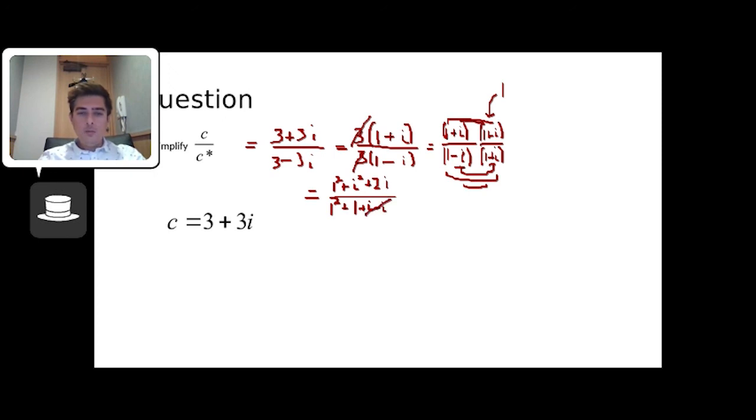Let's do a bit more simplifying on the top. 1 squared is 1, i squared is minus 1, plus 2i. On the bottom, 1 plus 1 is 2, the minus 1 and i squared cancel out, and you get 2i divided by 2. Again the 2's cancel out, and you just get i. That's as simple as you can possibly write it.